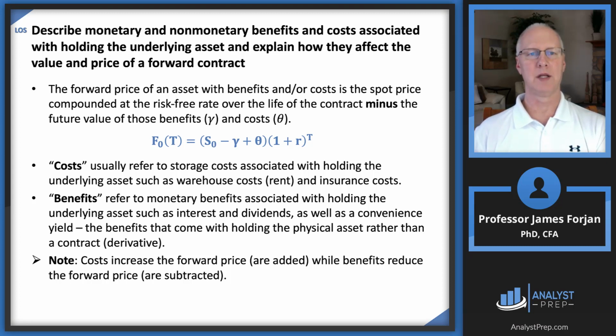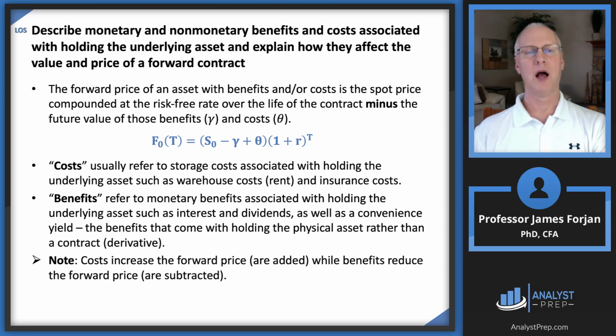All right, how about monetary and non-monetary benefits and costs associated with holding the underlying asset. All right, so what do we know? Let's go back to my apple example. If we're a farmer and we have that apple today, we could sell it for $5, but we could enter a forward contract and agree to sell it for $5.30 1 year from today.